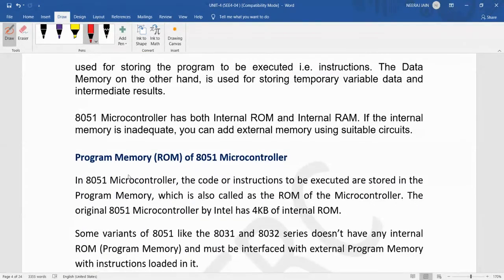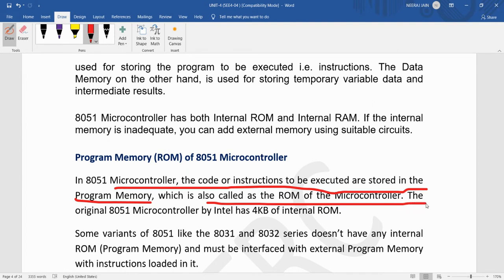The program memory in the 8051 microcontroller: the code or instructions to be executed are stored in the program memory, which is also called the ROM of the microcontroller. The original 8051 microcontroller developed by Intel has 4 KB of internal ROM.